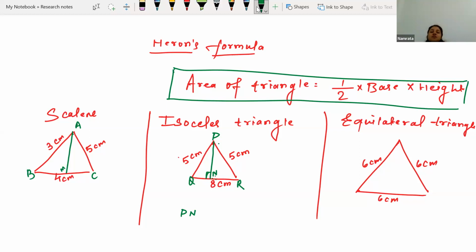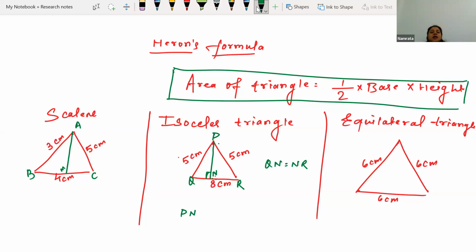From there this result came out, that once we drop a perpendicular in an isosceles triangle, it will bisect the other side. So side QR is getting bisected. QN and NR are both the same.